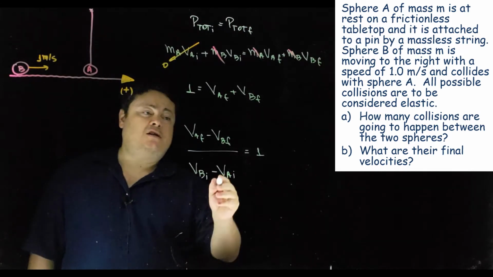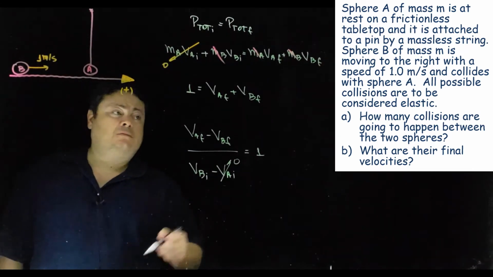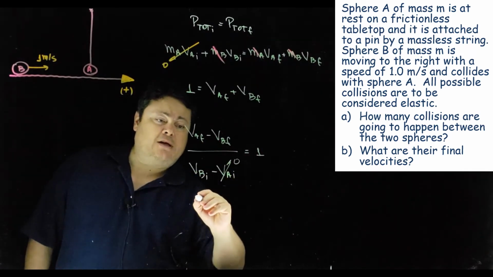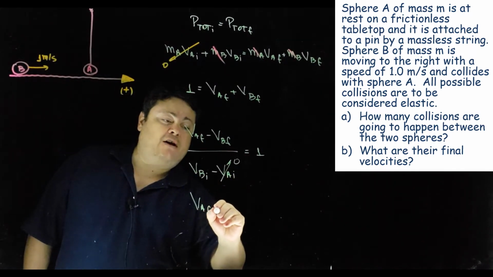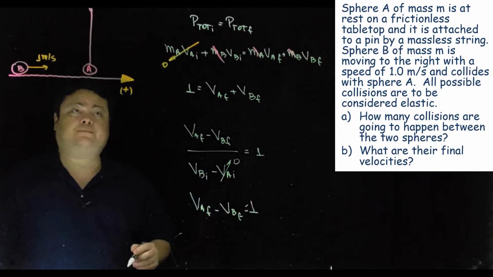Let's remember that VA initial is 0, and VB initial is 1. So this equation here is going to tell me that VA final minus VB final equals 1.